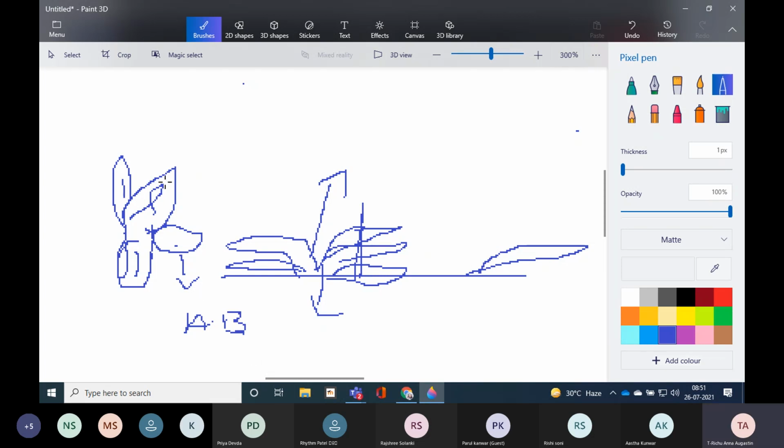So from this node, this bud is arising, and this bud is known as axillary bud, right? So this is by the process of vegetative propagation, in asexual means, and it is in stem.